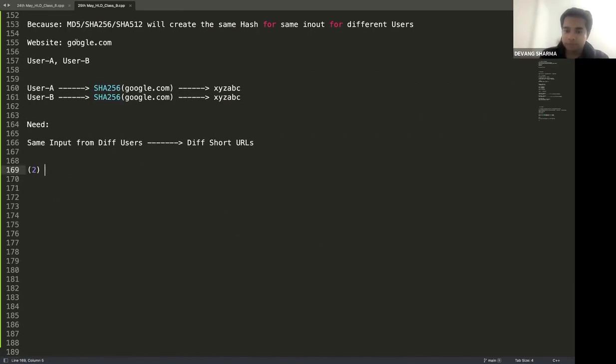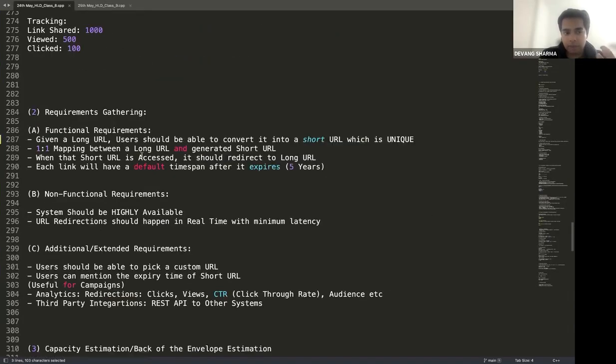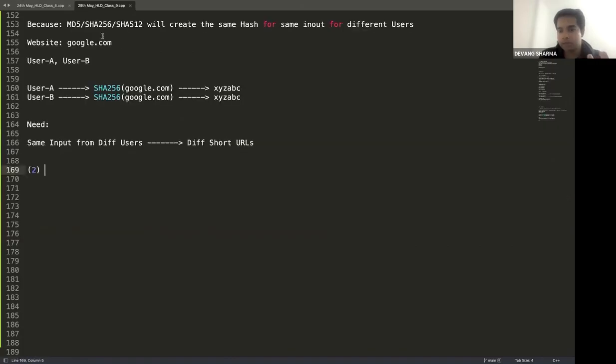You take a long URL, you generate a hash, and that hash creates a tiny URL. It's a very important requirement that I am able to redirect in a short time. The moment I submit a long URL, I want the short URL immediately. I'm not going to wait 3 or 5 seconds. It's not an asynchronous flow. We are talking about a completely synchronous process here.